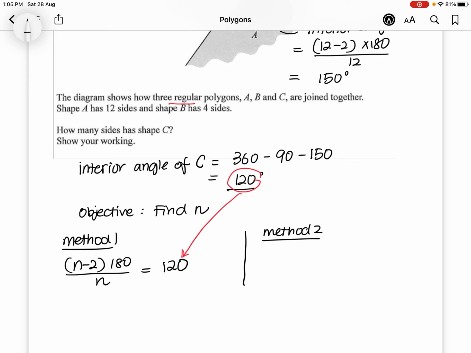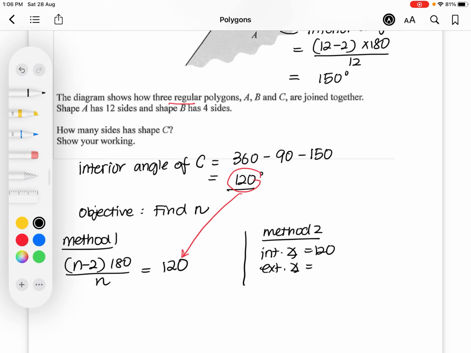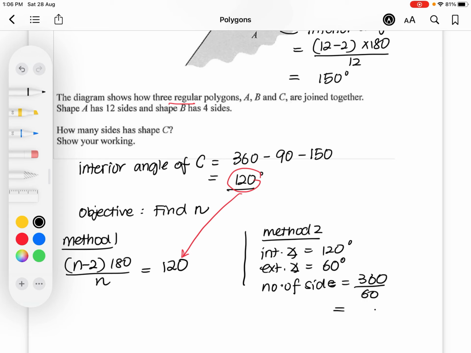Then method number 2, the interior angle is 120, so the exterior angle will be equals to 180 minus 120. That gives me 60 degrees. Then the number of sides will be 6 sides, right?